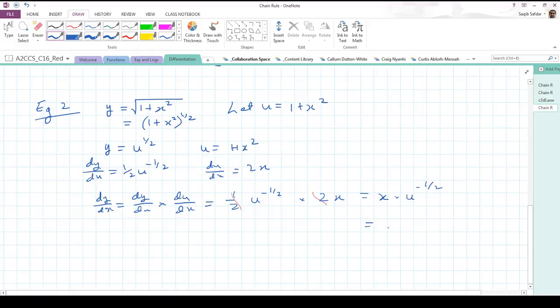We can now substitute our original u back in, so x times 1 plus x squared to the power of minus a half. Is that okay? Hands up if you got that? Well done, excellent.